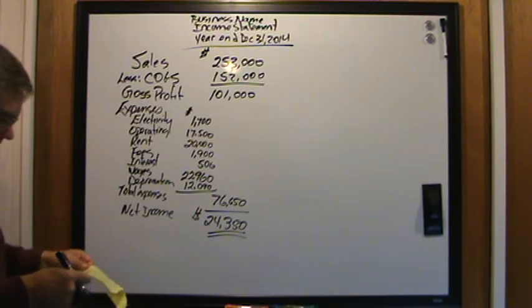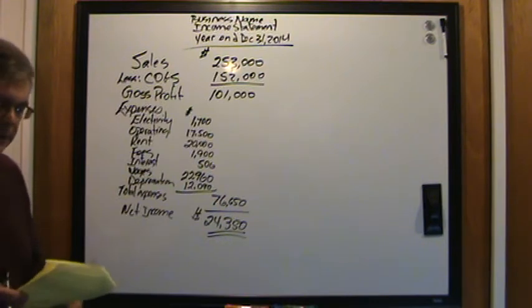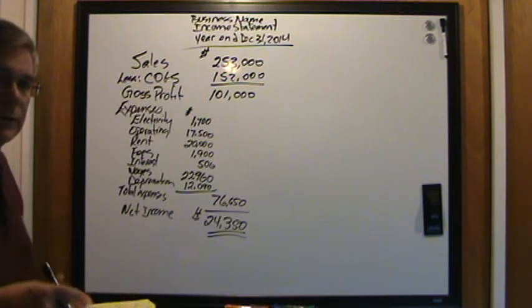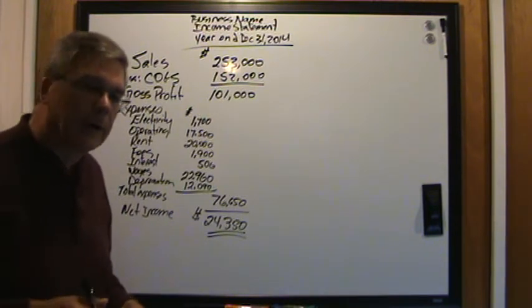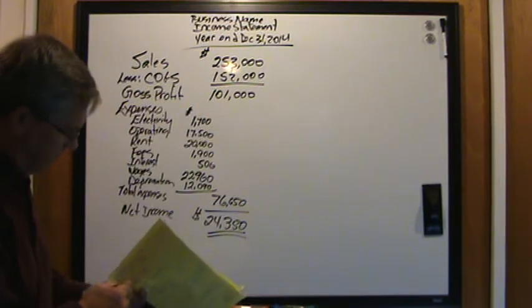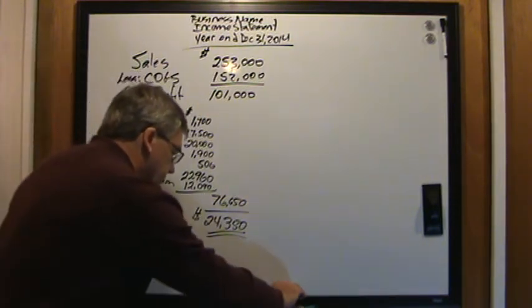Now, I didn't ask you specifically for a statement of owner's equity in this case, but you do need to calculate the equity number, and let's do that just here on this same board before we do the balance sheet.